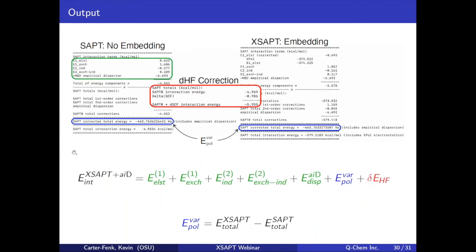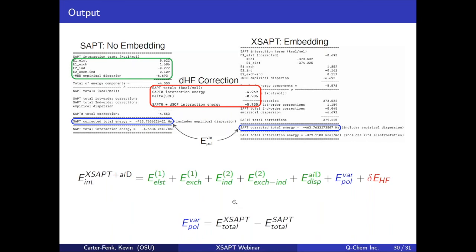And I've shown just a snippet here of the output for the delta HF correction in red, and that delta SCF energy that's printed here is our delta HF correction. And this altogether, the green, blue, and red terms, are the total XSAPT plus AID interaction energy.